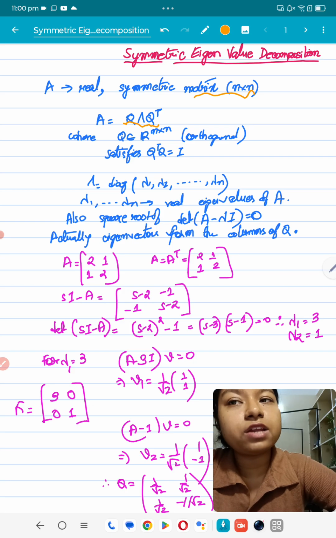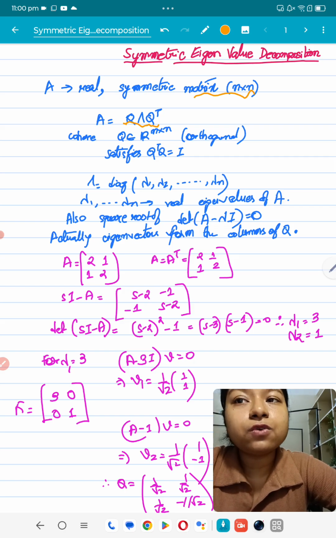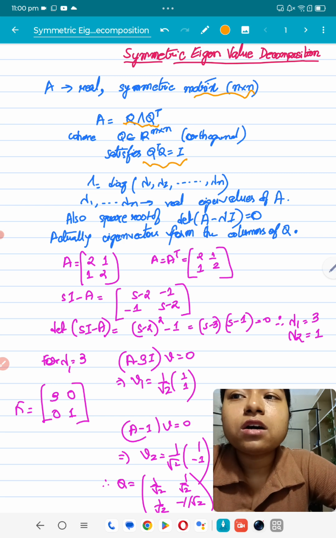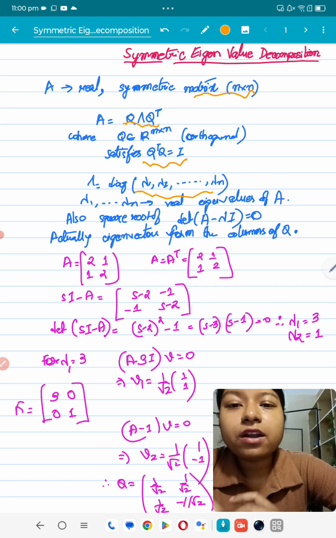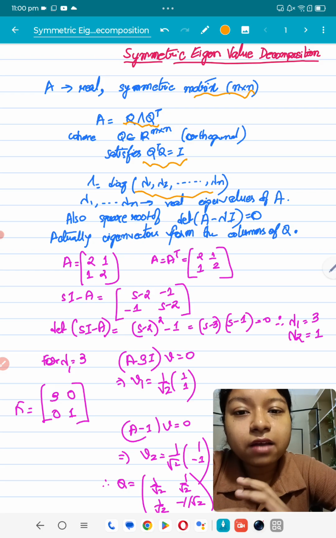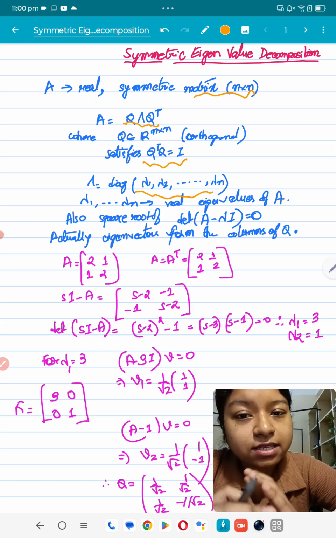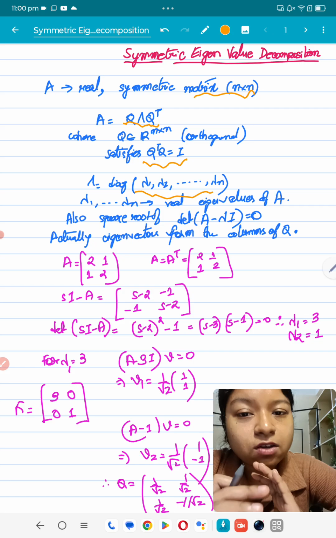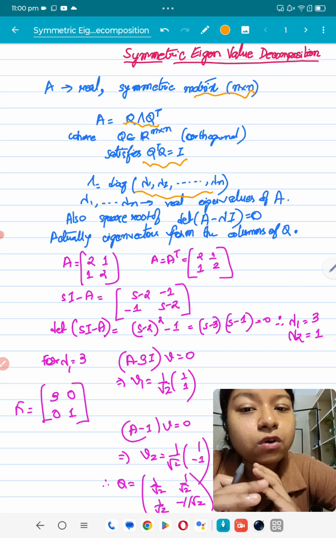Since Q is orthogonal, Q will satisfy Q transpose Q equal to I, and lambda will be a diagonal matrix, diag of lambda 1, lambda 2, up to lambda n, where the lambdas are the real eigenvalues of A. Since we have considered A as a real matrix; if we had considered A as a complex matrix, the eigenvalues would also have been complex.